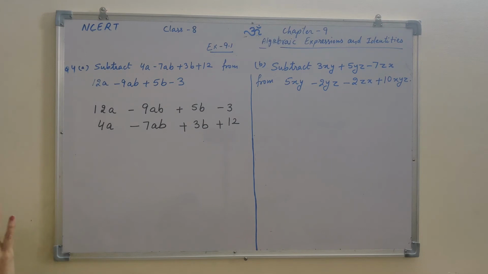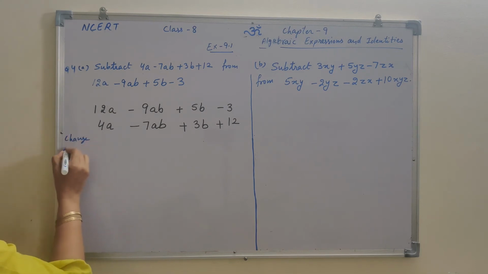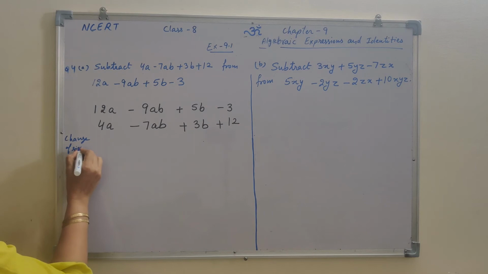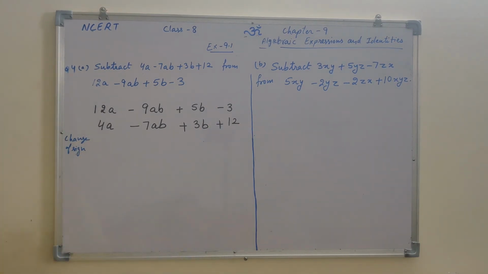There is one important point when we are doing subtraction, that is change of sign. When we are doing subtraction, we have to change the sign of the second expression. Understood? And when we do subtraction, we will consider those changed signs. How to change?